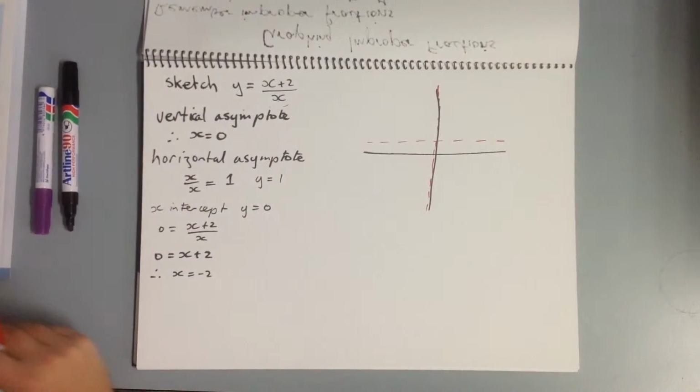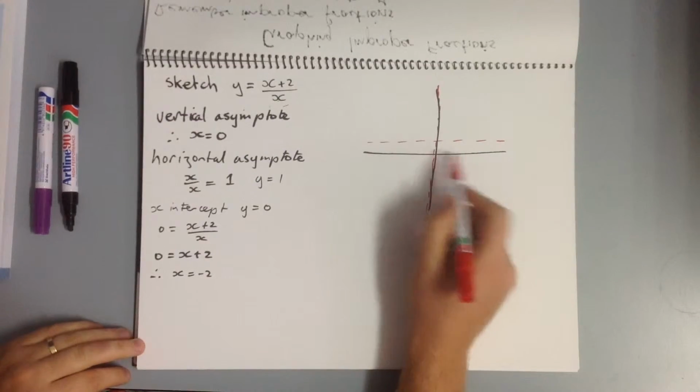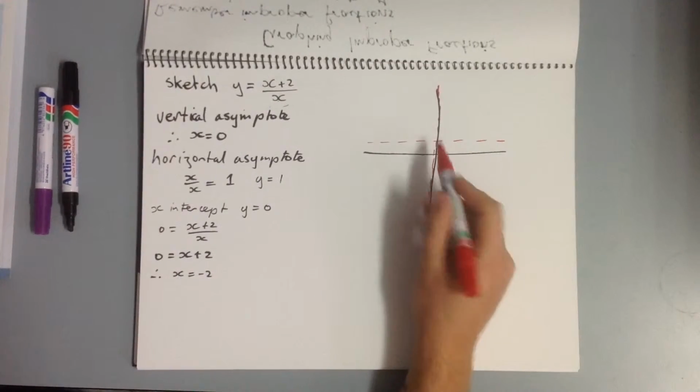Now if we're not sure what's going to happen with our signs, what we need to do is pick a couple of values. I'd suggest picking one either side of our vertical asymptote.